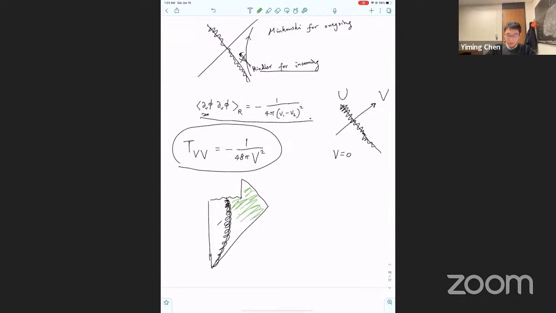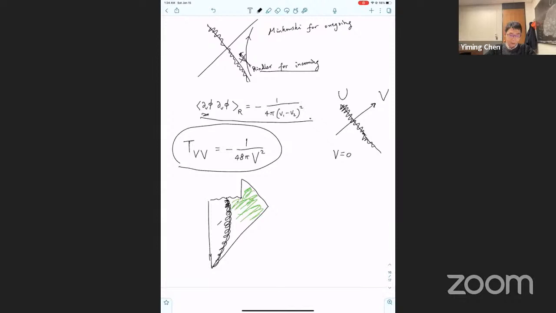So only in this region can we trust the calculation. Maybe what I say is not exactly correct, but inside the shell, the metric will not be given by the Schwarzschild metric anymore, and we cannot apply the discussion that we had earlier.